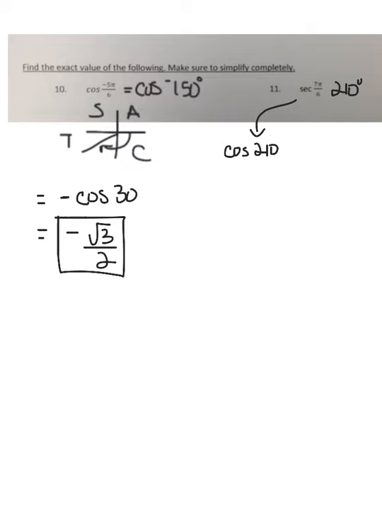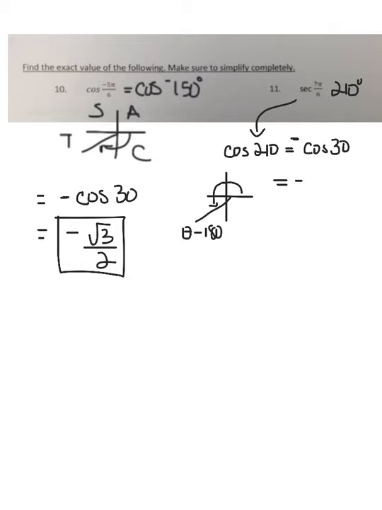Well, the cosine of 210 is the same as the cosine of 30, because 210 degrees is in the third quadrant, and I know the reference angle in this quadrant is the angle that's given, which is 210 minus 180, and that's how I got the 30. But remember, we're in the third quadrant, so my answer is going to end up being a negative number.